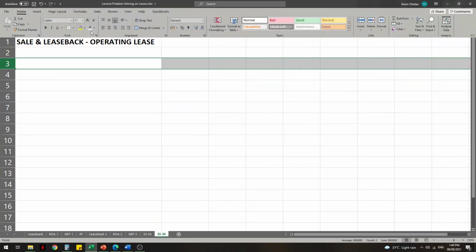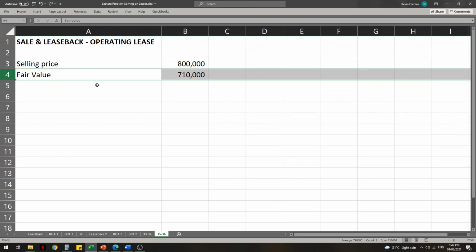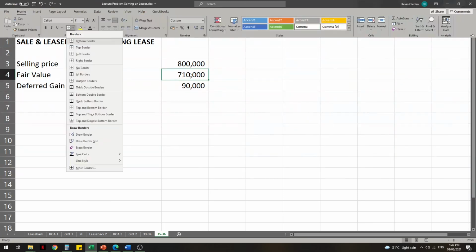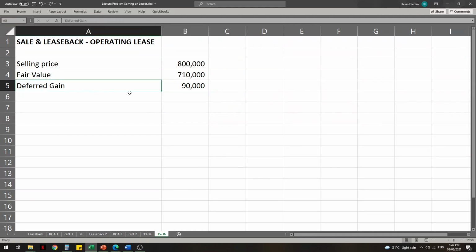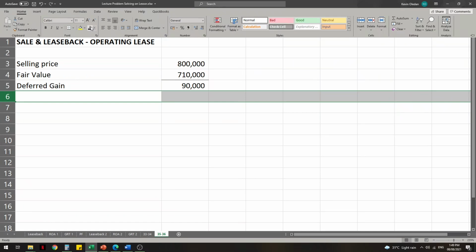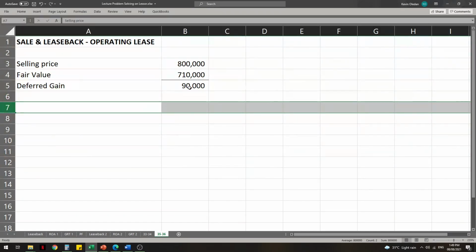Una, we know that our problem has a selling price of 800,000 and that the fair value is 710,000. Their difference is 90,000. It will be a gain that is going to be deferred for 12 years. Okay? So, yung 90,000 na yan, kailangan natin yan i-allocate.